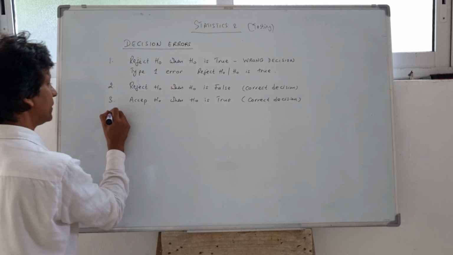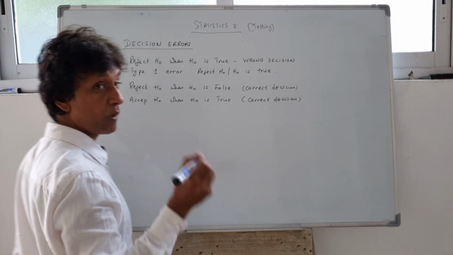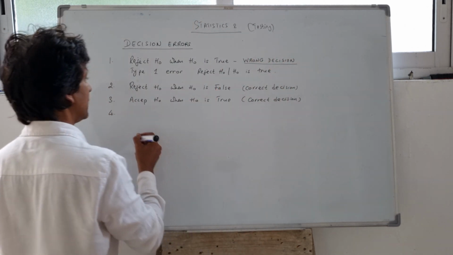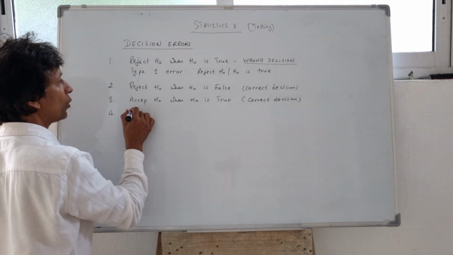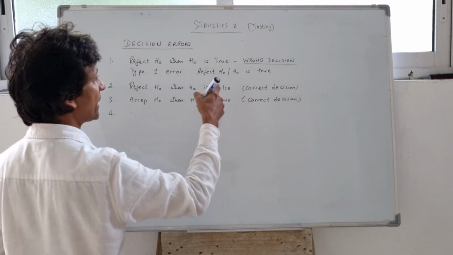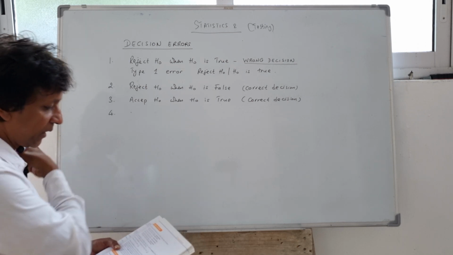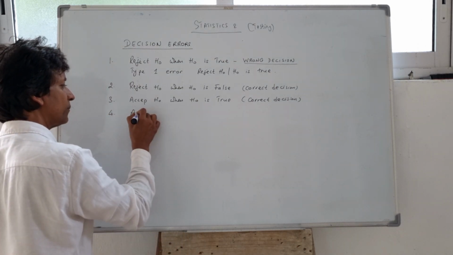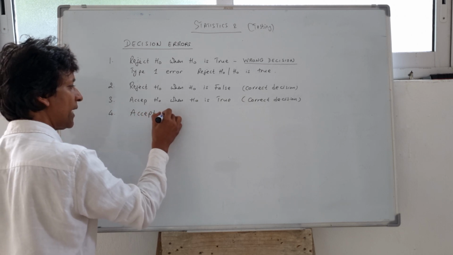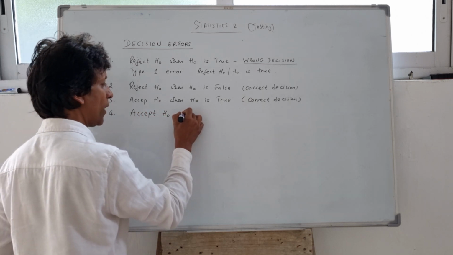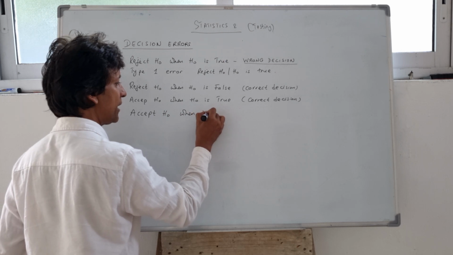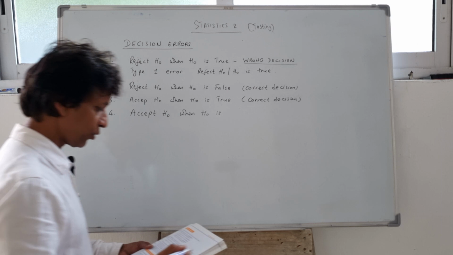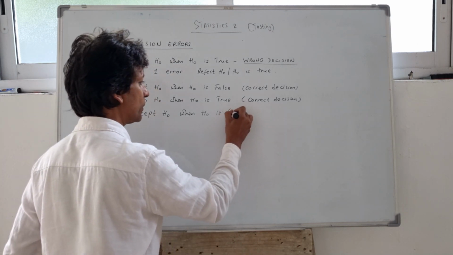By the same token, now you may be taking another wrong decision. I'm going to underline this. So what happens is you accept H0 when H0 is not true, or H0 is false. All right, false.